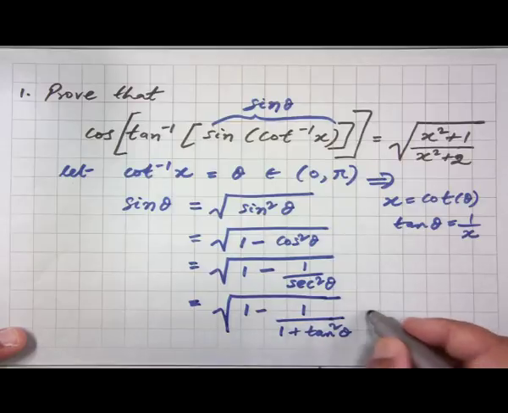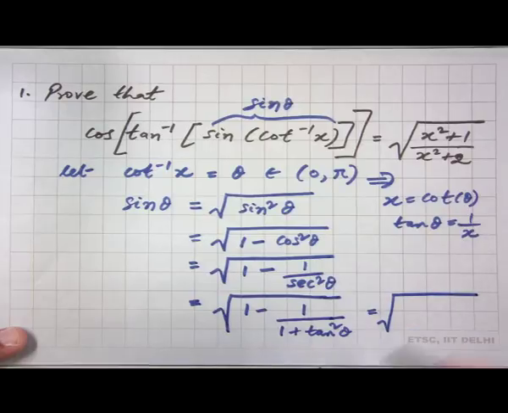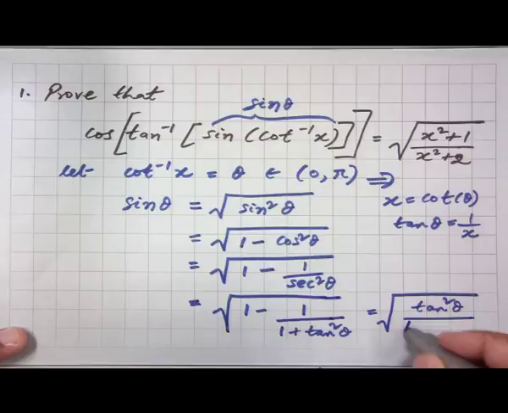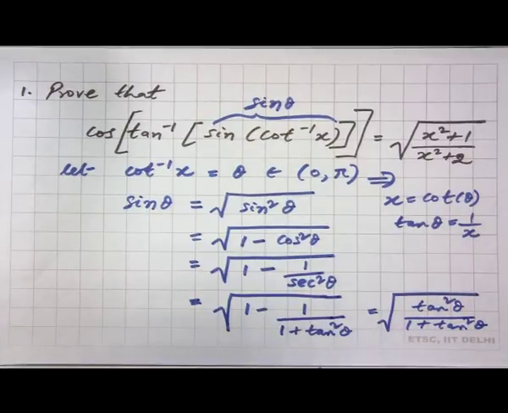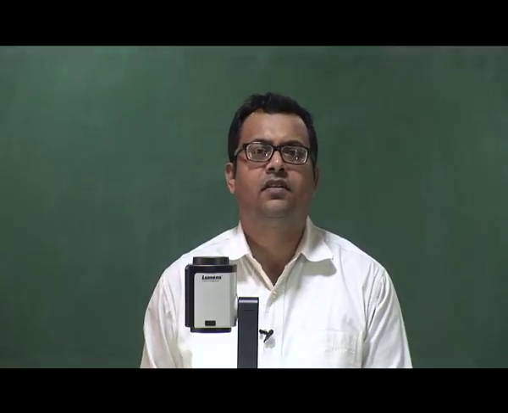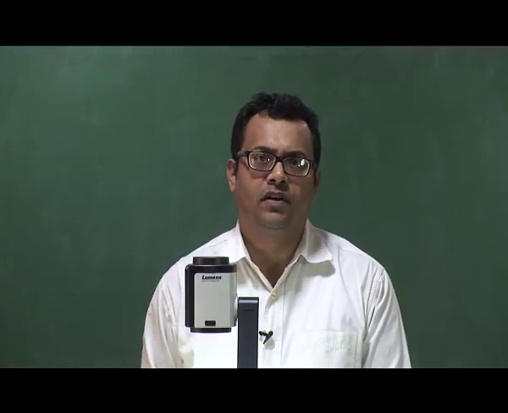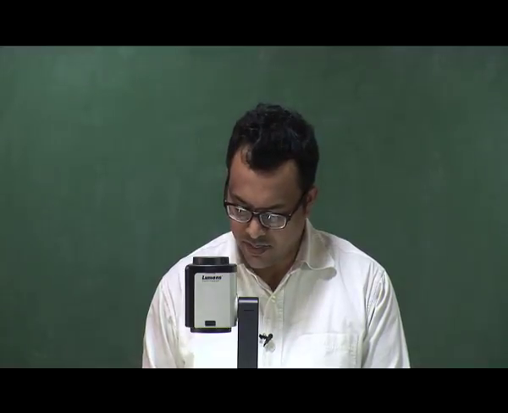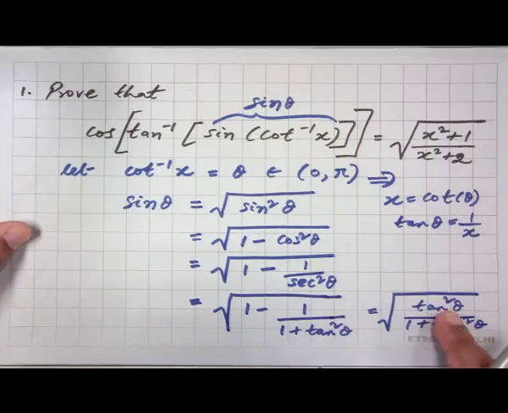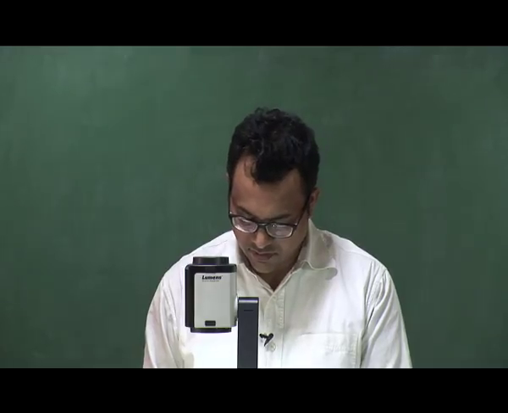which can be further simplified to square root of tan square theta over 1 plus tan square theta. And then in this expression, we plan to use this value of tan theta, which is 1 over x. So, we replace tan theta by 1 over x everywhere in this expression here.